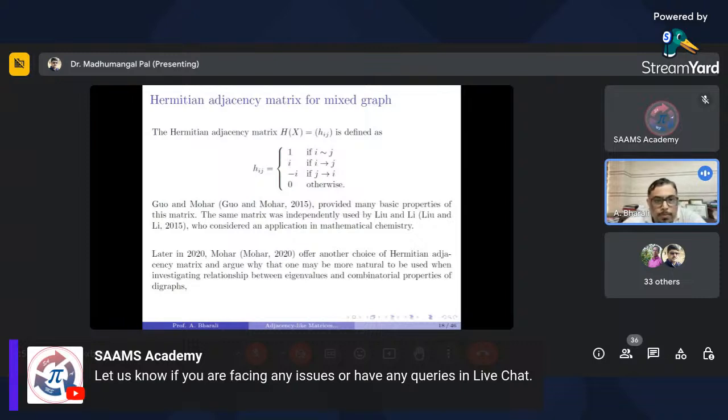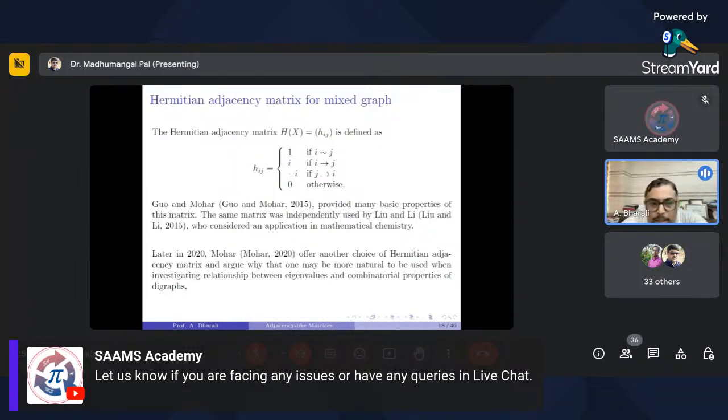So this is the matrix which was further studied by Liu and Li, who also discussed some applications of this matrix in mathematical chemistry. Later, recently in 2020, B. Mohan came up with another choice for the Hermitian adjacency matrix.